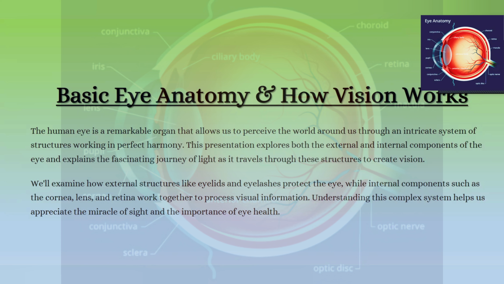We will examine how external structures like eyelids and eyelashes protect your eye, and how internal components such as the cornea, lens, and retina work together to process visual information.